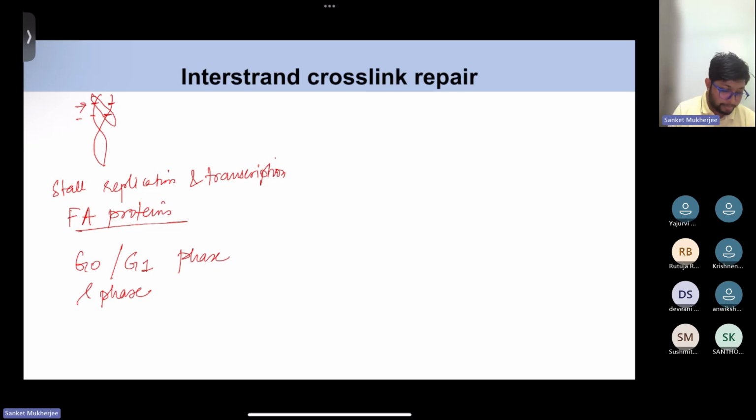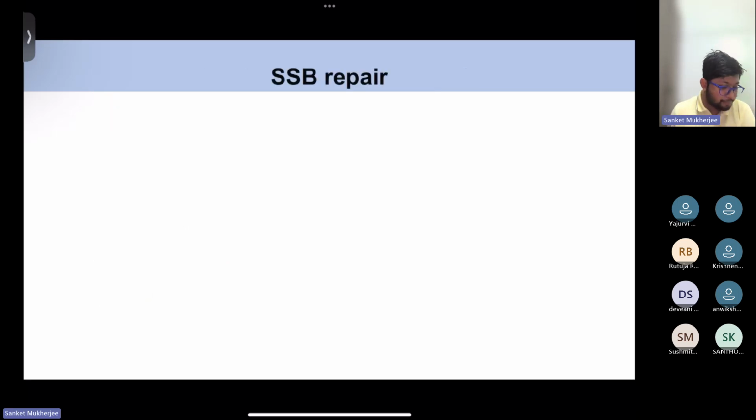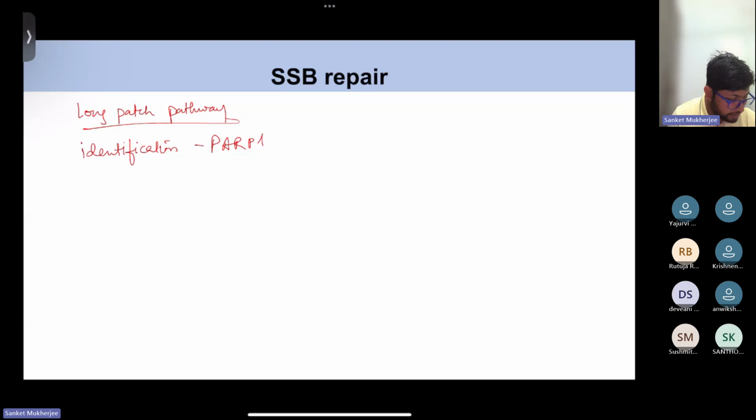Fine. Then we have the single-stranded break repair pathway. Here also there is the long patch pathway, which involves identification of the damage using PARP1 and the end processing using enzymes APE1, PNKP, and aprataxin.